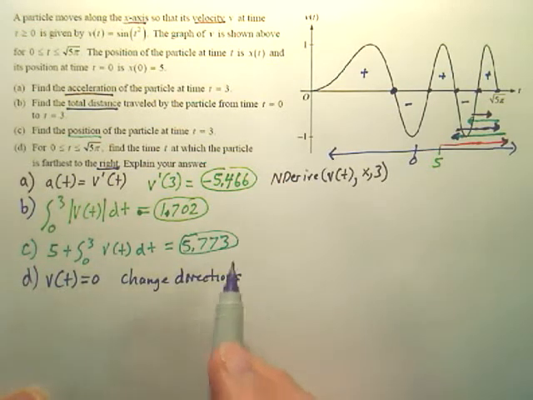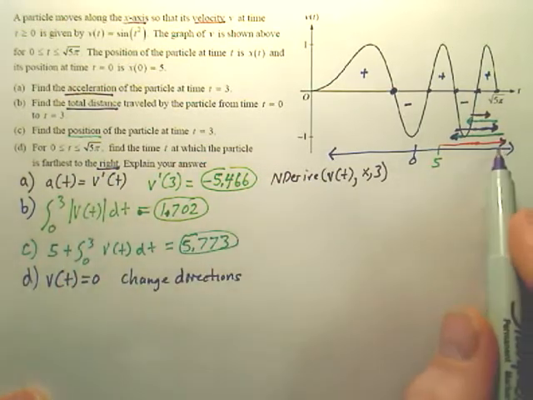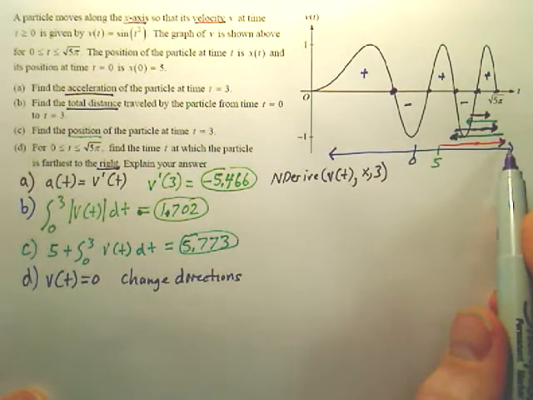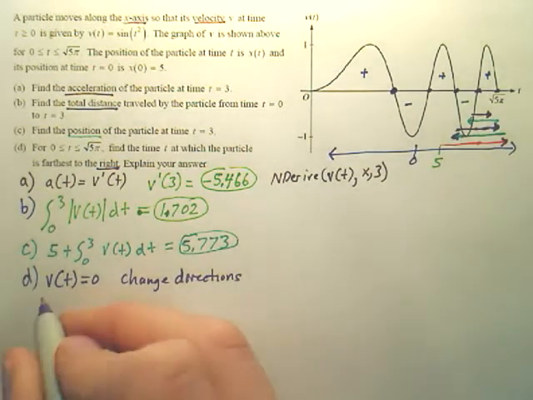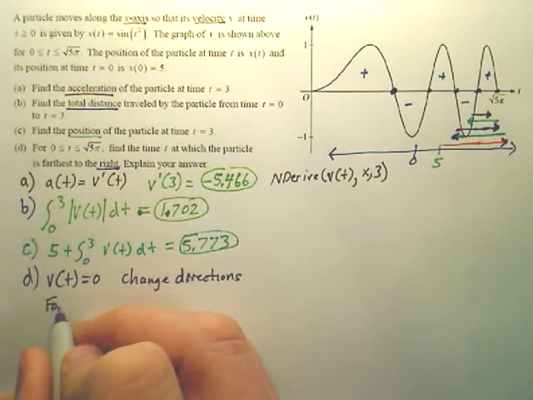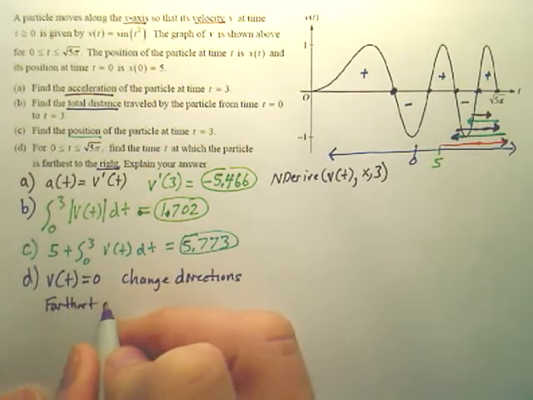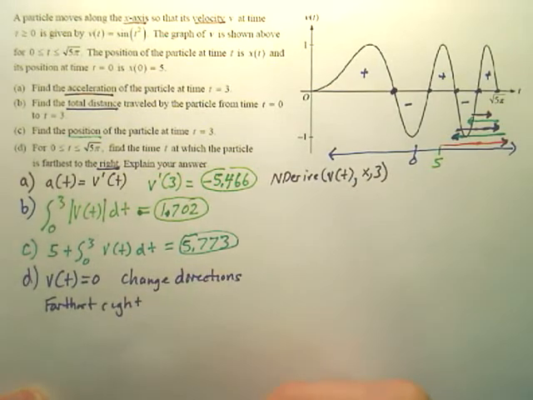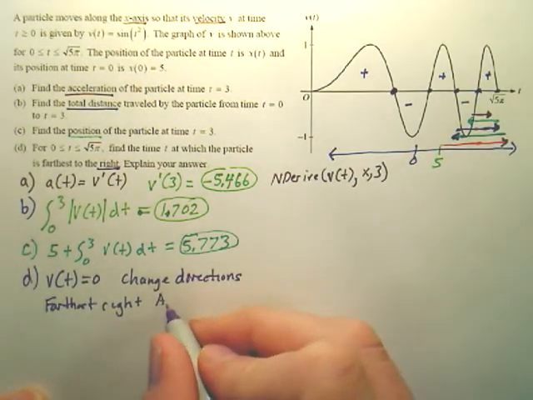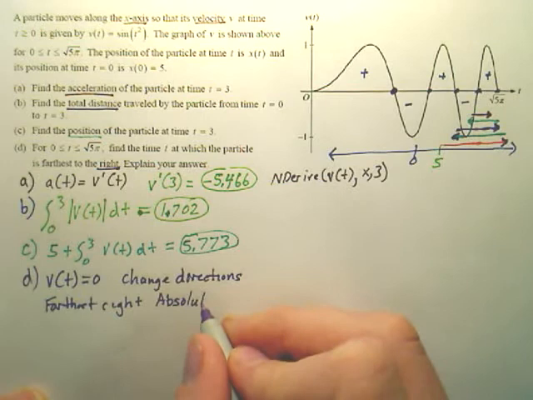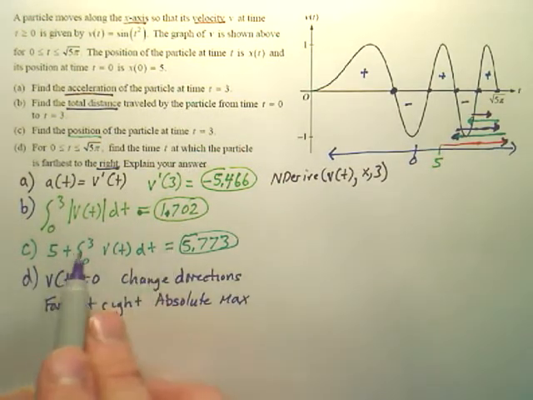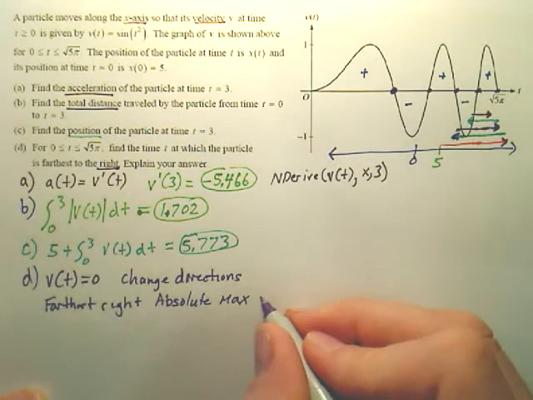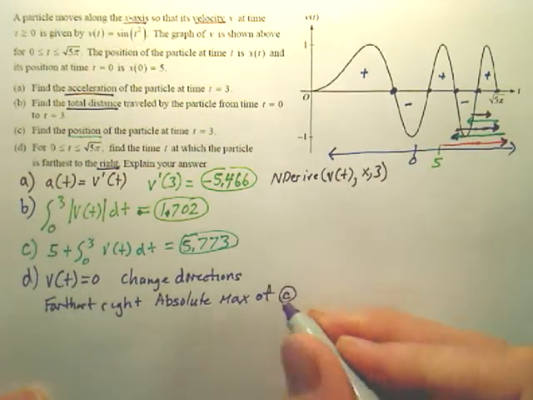Now, I want to know when it's to the right. Isn't the right bigger values? So don't I want to basically find my maximum? So when I went farthest right, aren't I trying to find the absolute max of C?